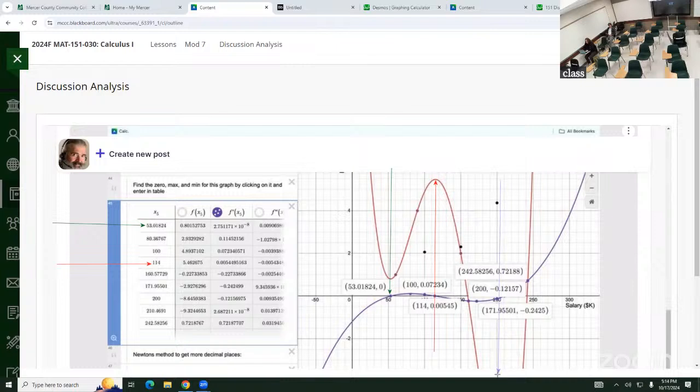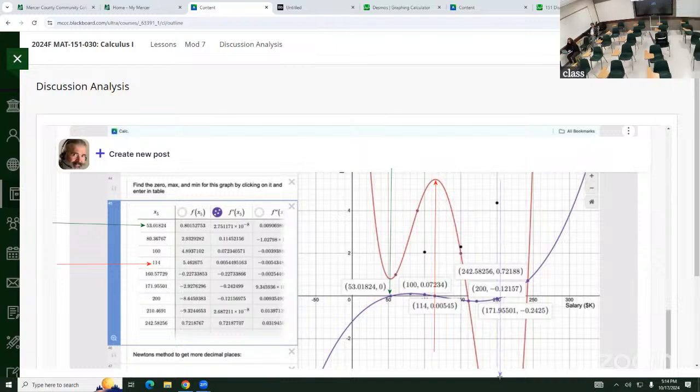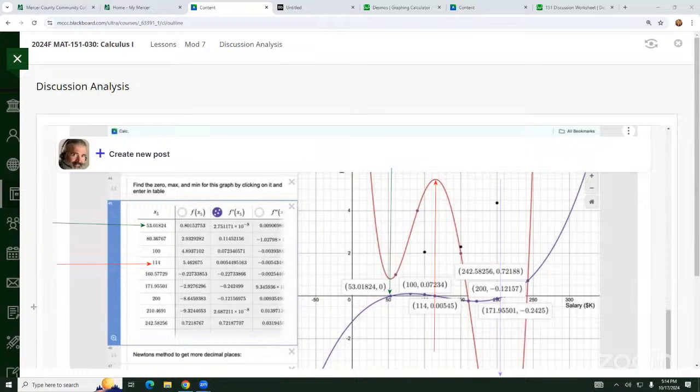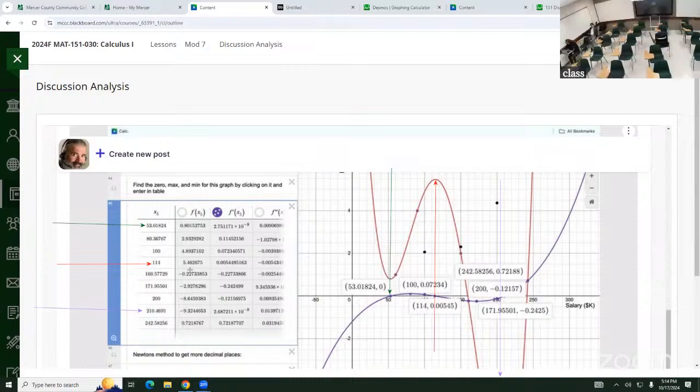Where's that about? 117 or 171 or wait, yeah, 210. Okay, in all of those cases, this derivative is 0, this derivative is 0, this derivative is 0. Okay, that's why they're max and min: derivatives are 0.